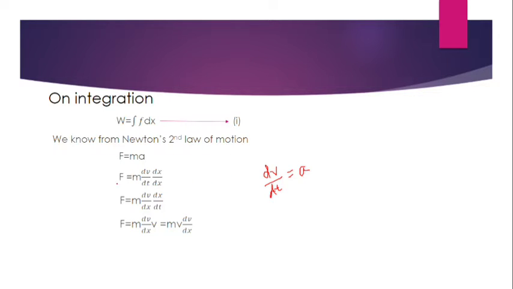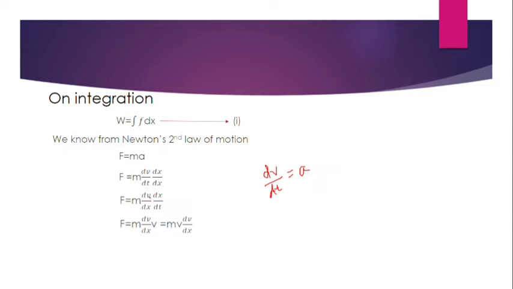So we put the value of a as dv by dt, and we also multiply by dx to arrange it in the next line. So F is equal to m dv by dt.